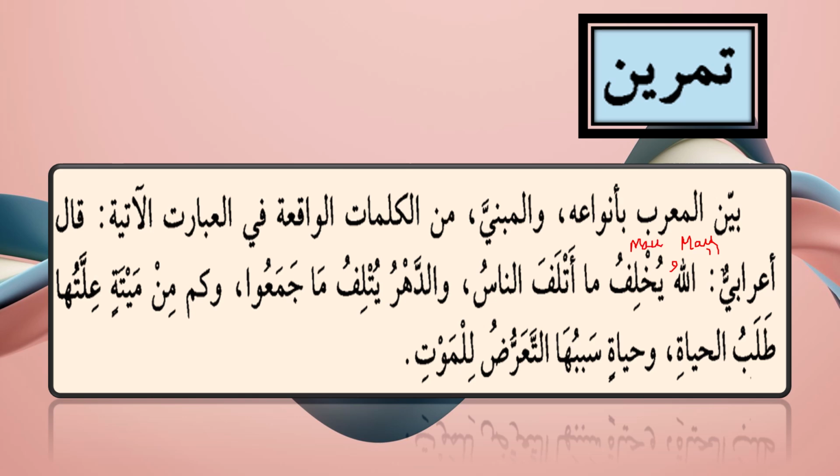So this is also mu'rab. And ma atlafa. So atlafa is past tense. So this is mabni. I will write M-A-B. And ma, this is ism mawsul. This is also mabni. So this ma with fatha and long vowel alif will not change its haraka. It's mabni. And nasu. So this is a noun.